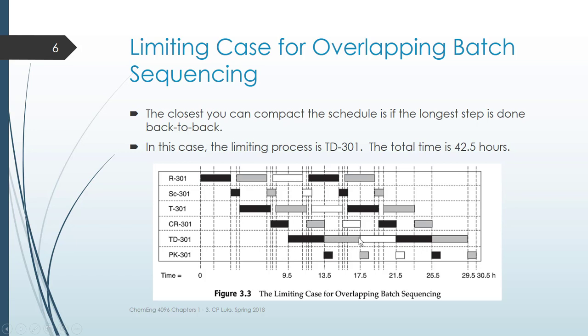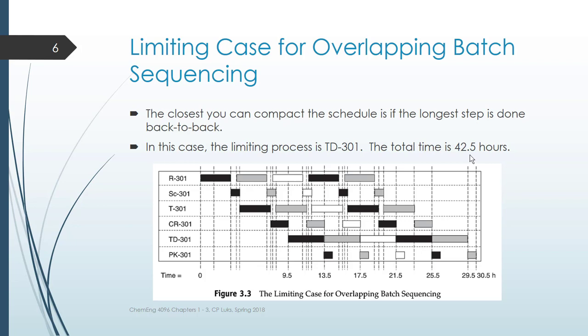This is our tray dryer, and if you look at that, these just barely touch. Everything else has some downtime in between, but we're able to go through and do all of our 8 batches in 42.5 hours, which is much better than the 116 we were looking at before.